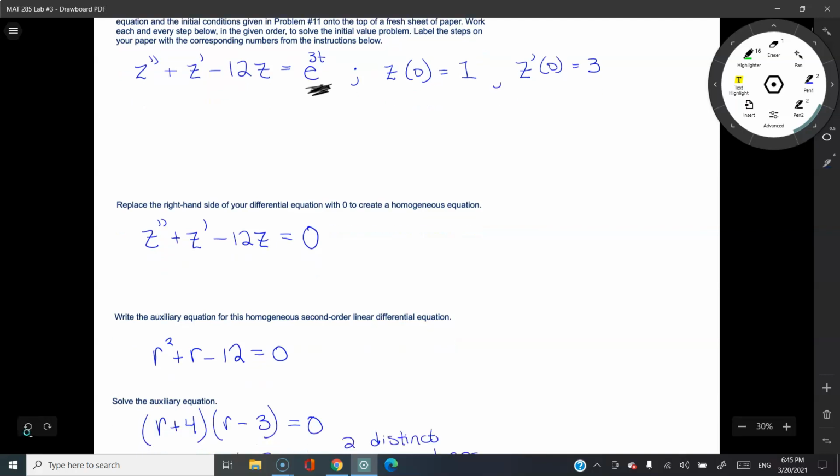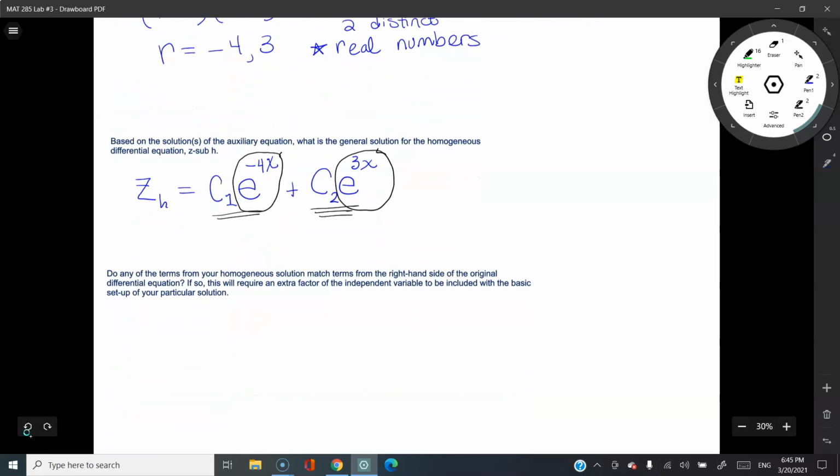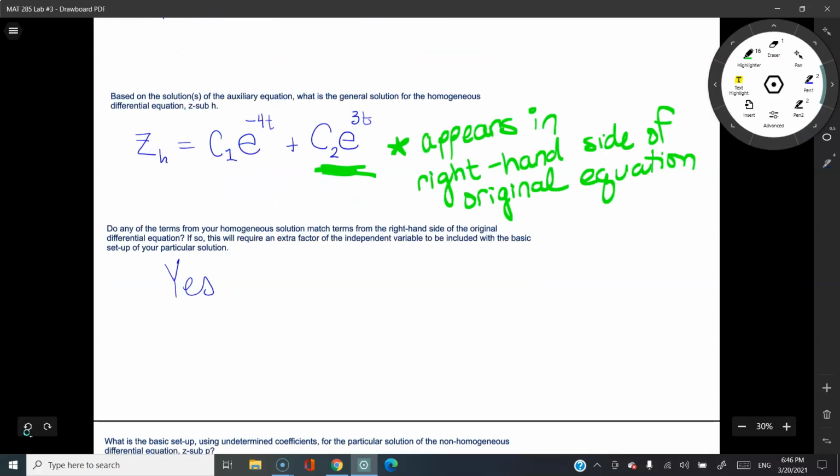That means when I set up my non-homogeneous basic solution that I'm going to use the method of undetermined coefficients on, I need to have an extra factor of t on the term with the e to the 3t in it. So when we're asked, do any of the terms from your homogeneous solution match terms from the right-hand side of the original differential equation? For me, my answer is yes.